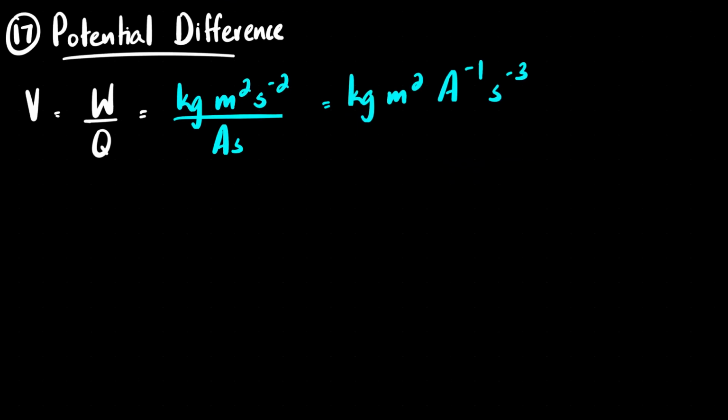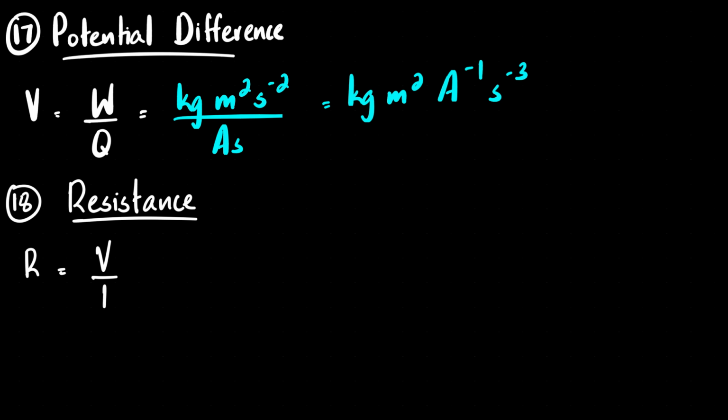Let's do one of the last ones, which is electrical resistance. So for electrical resistance, how is this defined? Resistance is defined as the ratio of voltage to current.